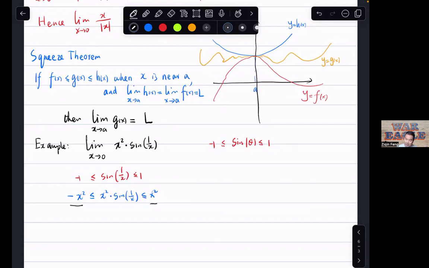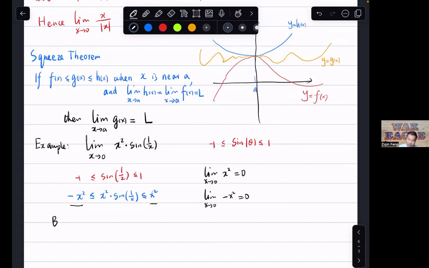And second, their limits are both 0 as x goes to 0. You can see that as x goes to 0, x squared equals 0. Also, as x goes to 0, negative x squared also equals 0. So both upper and lower bounds converge to 0 as x goes to 0. So we can apply our squeeze theorem now.